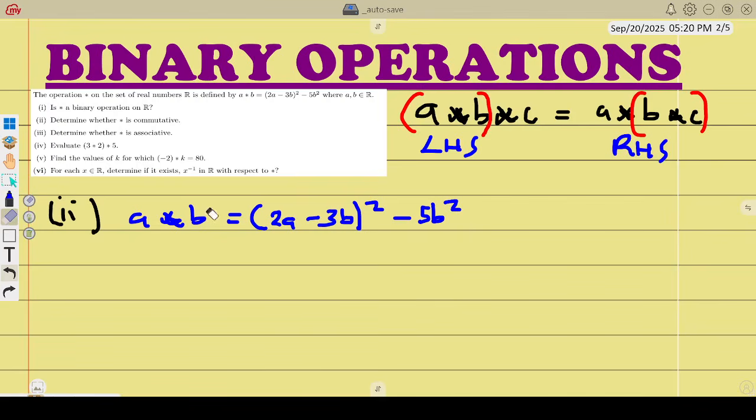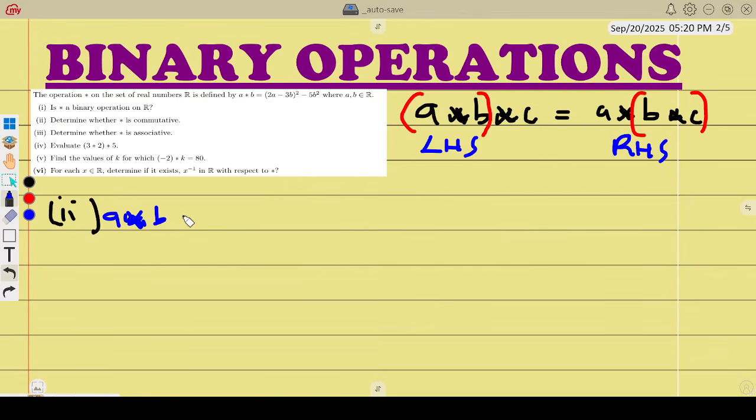Why did I even write this? Although we'll come back to it. So we want to work out A star B star C, beginning with A and B first only.